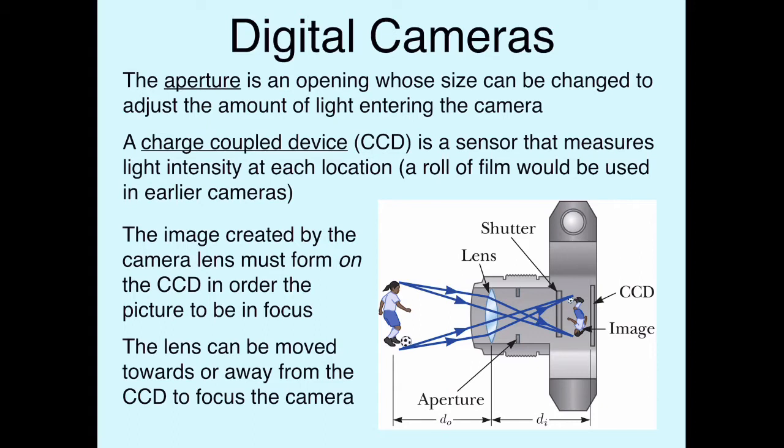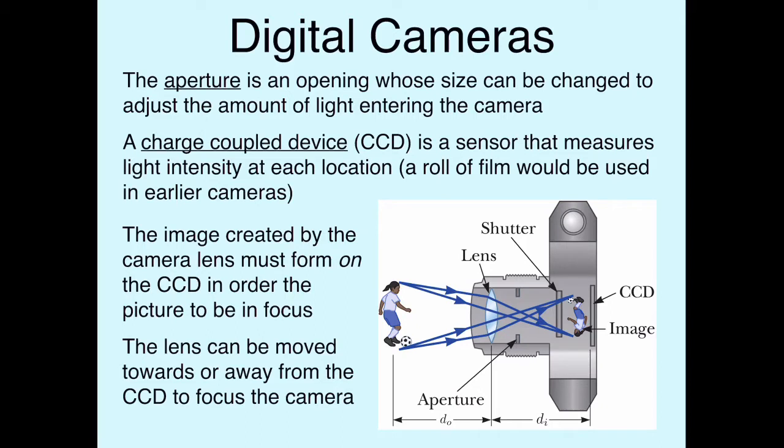Now, in order for us to capture an image using a digital camera, the image must be formed on the CCD. In other words, we have rays of light coming in, going through a lens. They must focus, they must converge on the CCD in order for us to capture an image that's in focus.